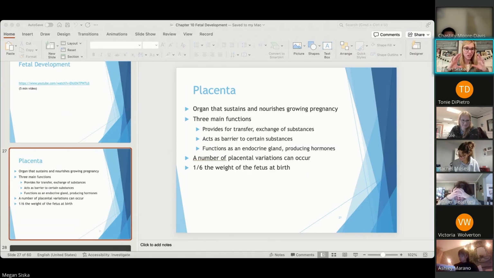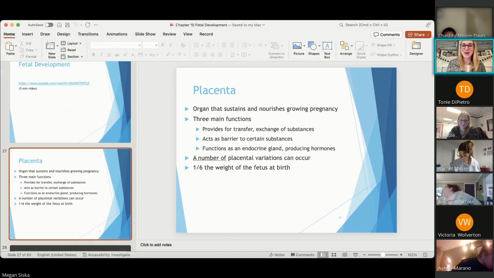It's about the size of a small dinner plate, weighs about a pound or so. But I also understand, I can respect that other people think that they are gross. You do you, I'll do me. I do have some cool pictures of placentas though. It is the organ that sustains and nourishes this growing fetus. It has three main functions.